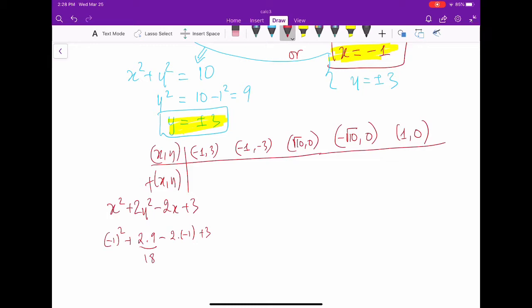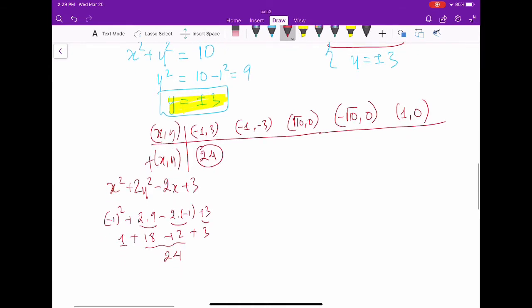So you get 1, you get 18, you get 2, you get 3, and that is 24. So the function value in this case is 24, okay? At (-1, -3), you should get the same number, right? Because here you have y squared, so there's no difference between 3 squared and (-3) squared.